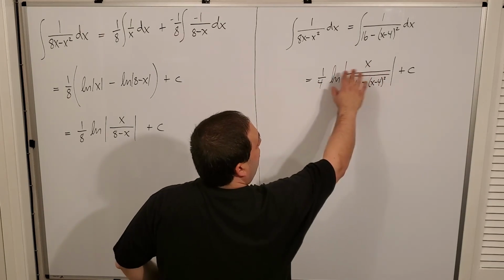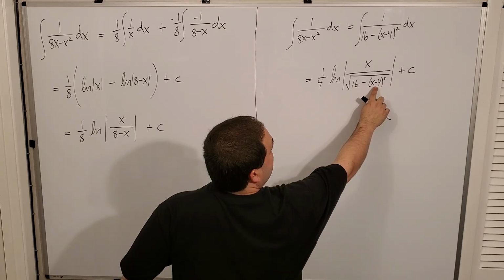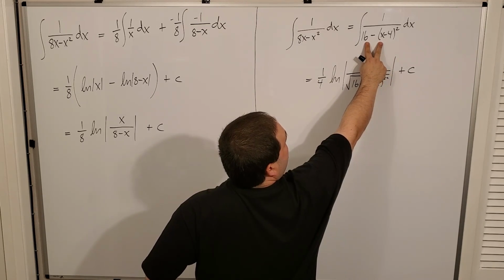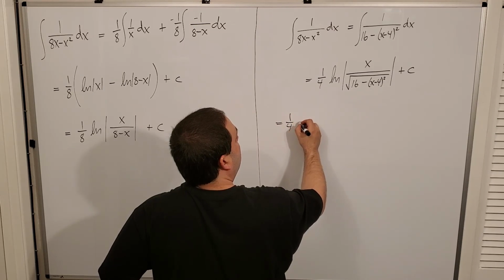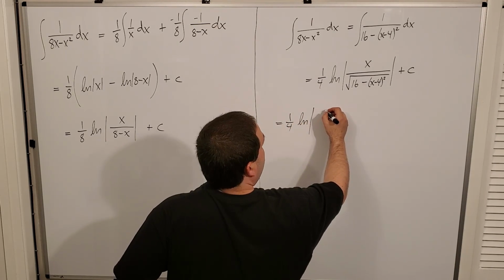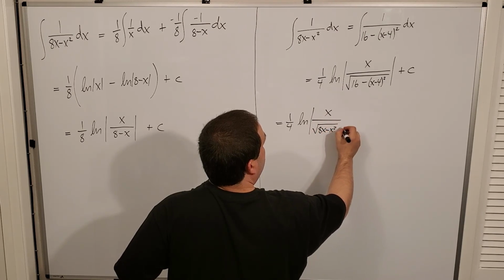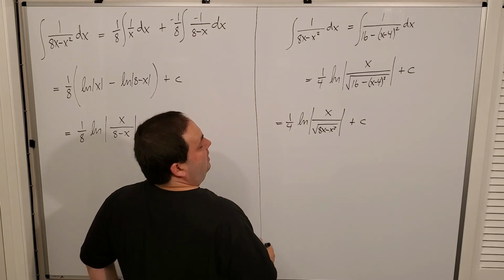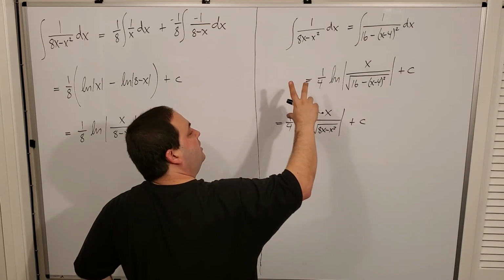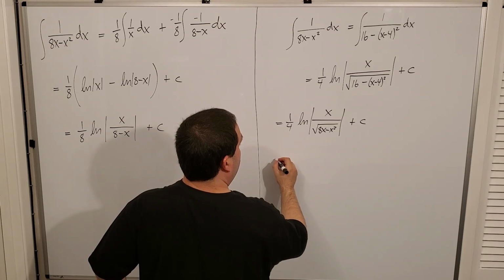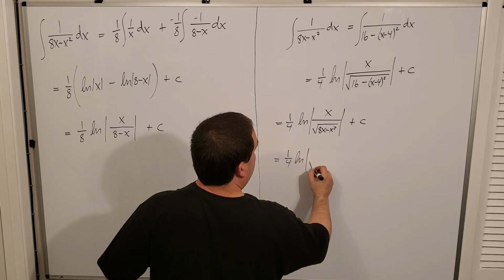Right here on this guy, first of all, notice that the 16 minus (x minus 4) squared is just the completed square version of this. So technically, it should look like this. Next, instead of just having the radical underneath here, I can actually extend it to where it's like this.